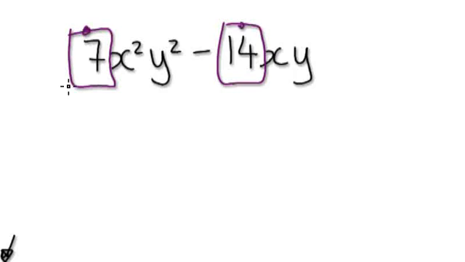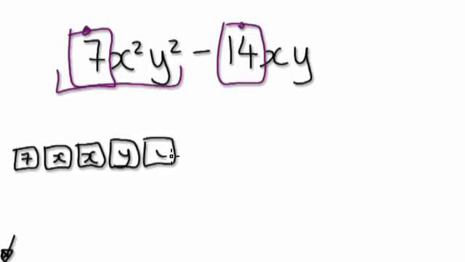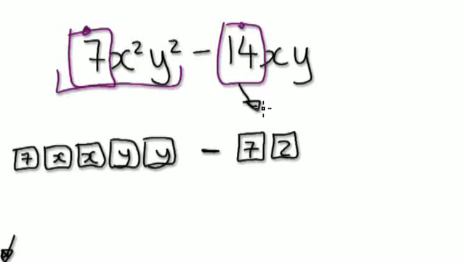So let's visualize this whole term as 7 times x times y times y. Oh, you've got a minus here, so be careful later on. So here you've got 7 times 2, and 7 times 2 is 14. And then you've got x here, and then you've got y here.